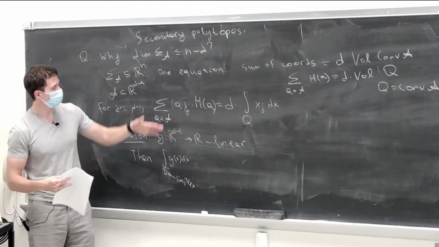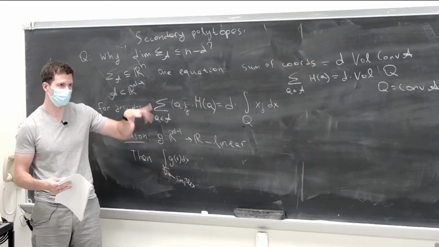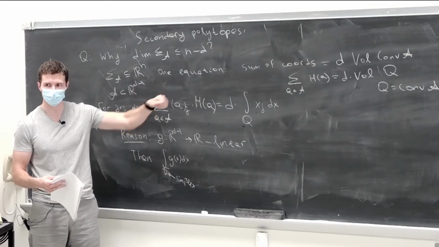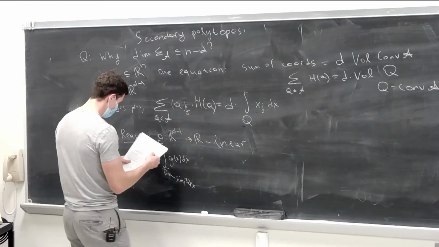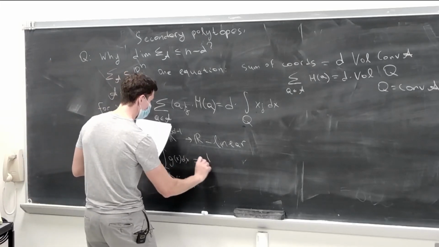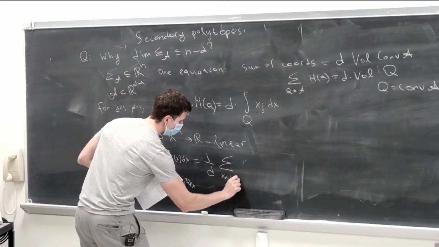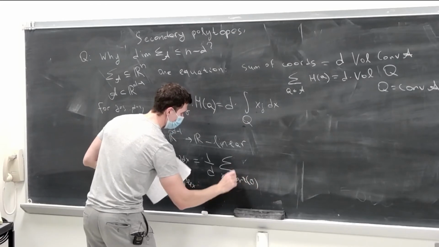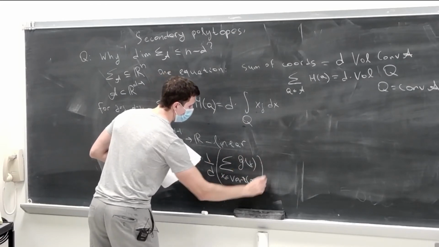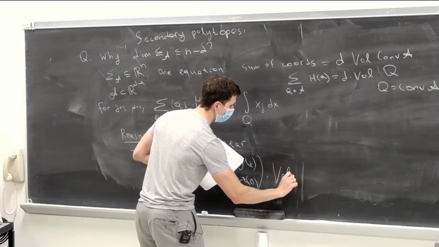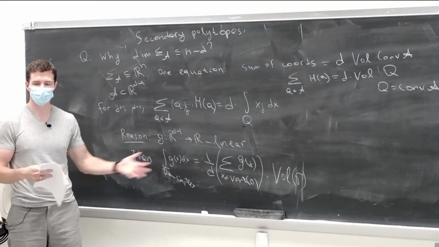If you want to integrate a linear function over a simplex, the answer is given by averaging the values at the vertices of your simplex. That's the general fact about integrals: 1 over d times the sum over all vertices of sigma of g of x, and then you have to multiply by the volume of sigma. So that's the formula for the integral.